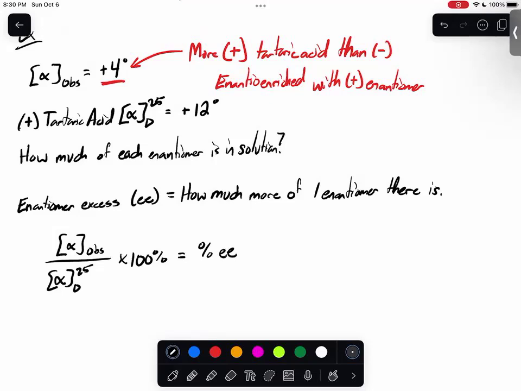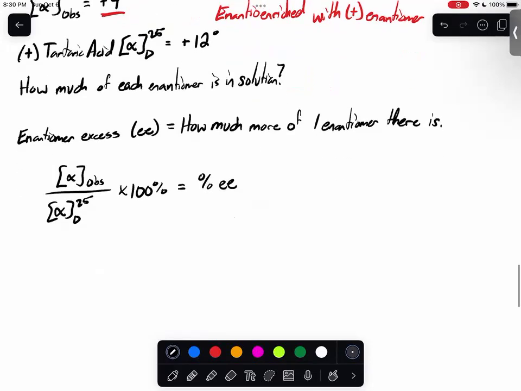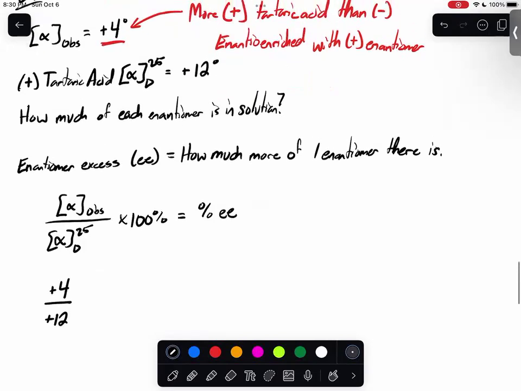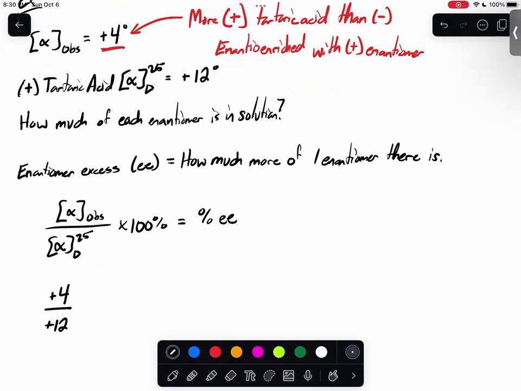So in this case, if we wanted to find our percent EE, it would be plus 4 over plus 12, right? Because our observed rotation was plus 4, our specific rotation is plus 12, times 100% gives us 33.3% EE. So what does this actually mean?